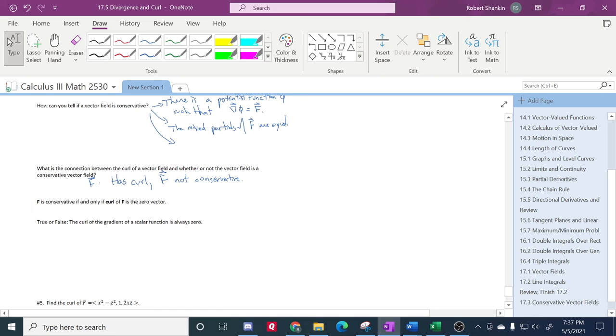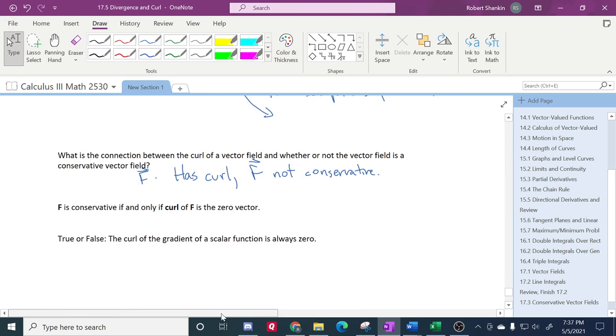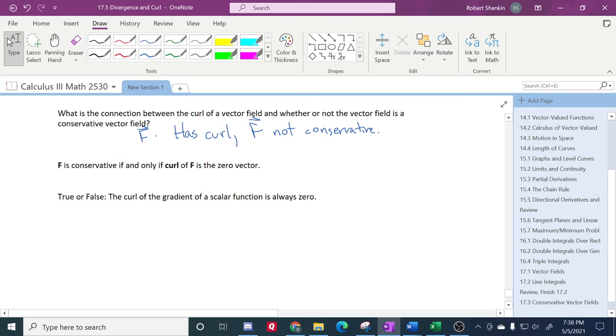The curl of the gradient of a scalar function is always 0. So let me give you a minute. Put your guess into your group chat. Is that true or false?